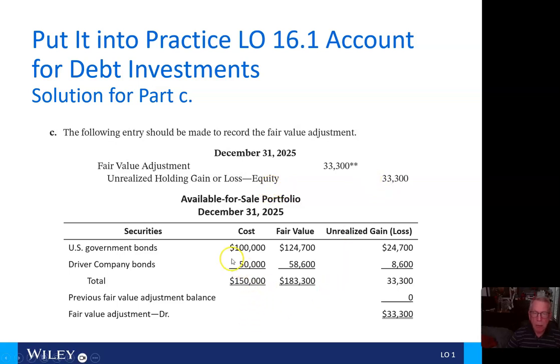And we get that number because the cost was $150,000 and together the fair values were $183,300. And because nothing had happened before that, we don't have a previous fair value adjustment balance, so we take the entire amount to the fair value adjustment.